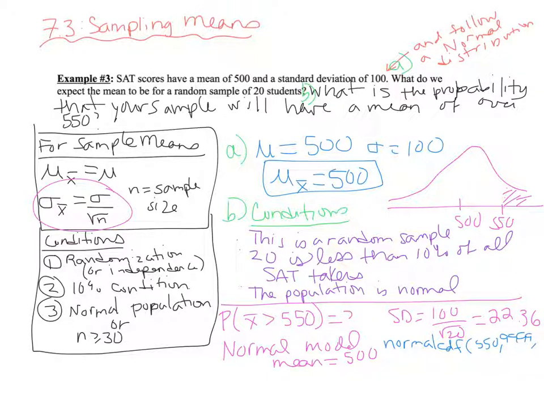By the way, make sure that it's big relative to 550. If you use something like 99, that's definitely not going to be bigger. Then we use a mean of 500 and a standard deviation of 22.36. That's going to give us 0.013, or 1.3%.